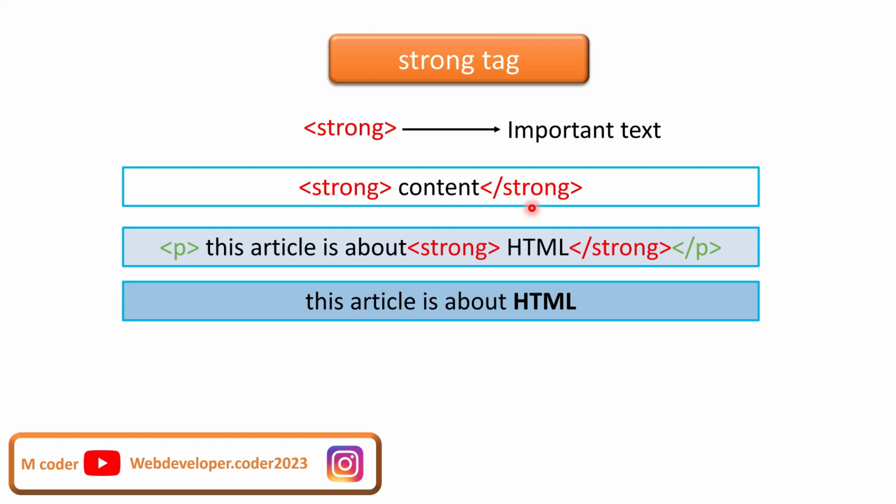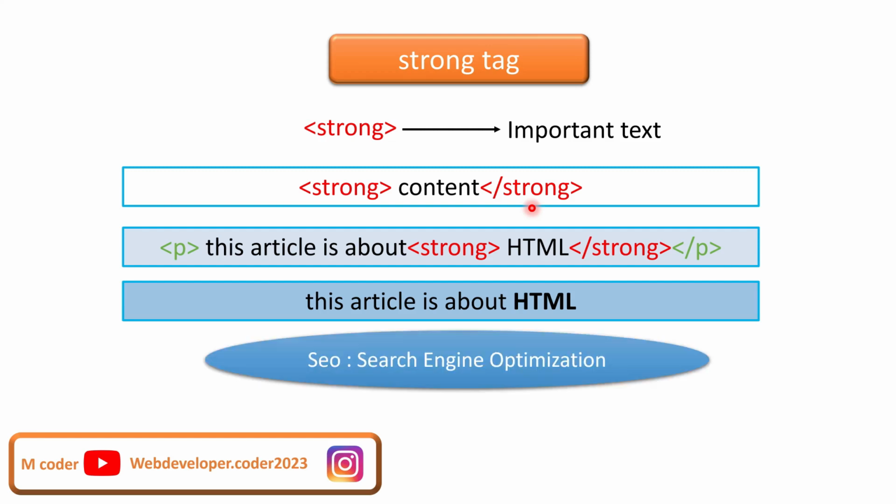The B element only makes the text bold and does not give it any special meaning. It only has an appearance aspect, but the strong element, similar to the B element, makes the text bold, but with one difference. That is, in this example, the word HTML is important for search engines and for SEO.